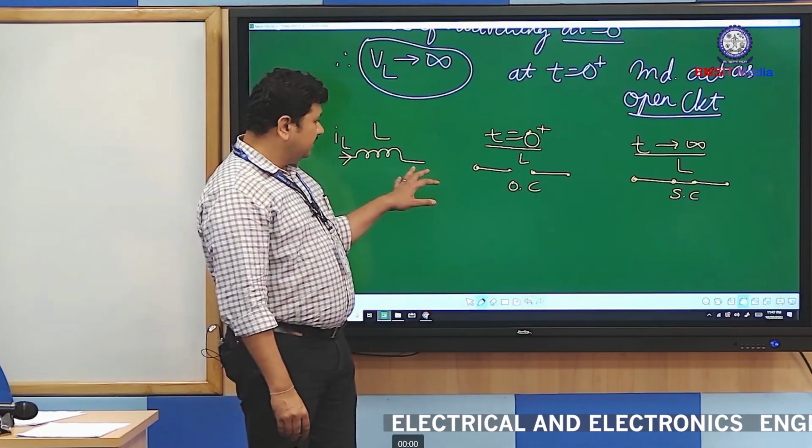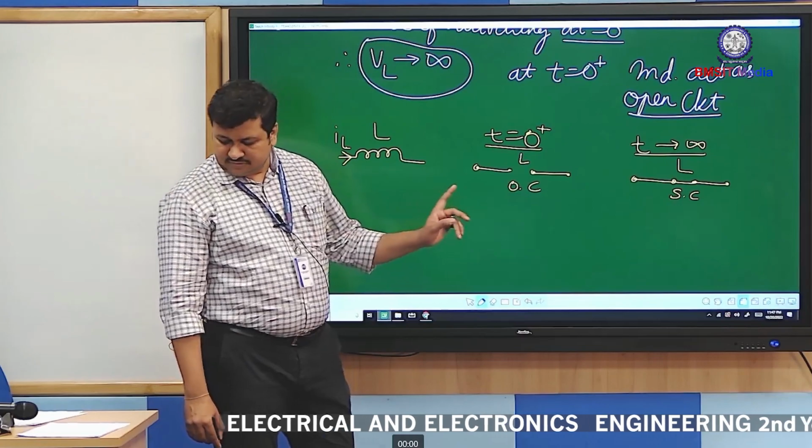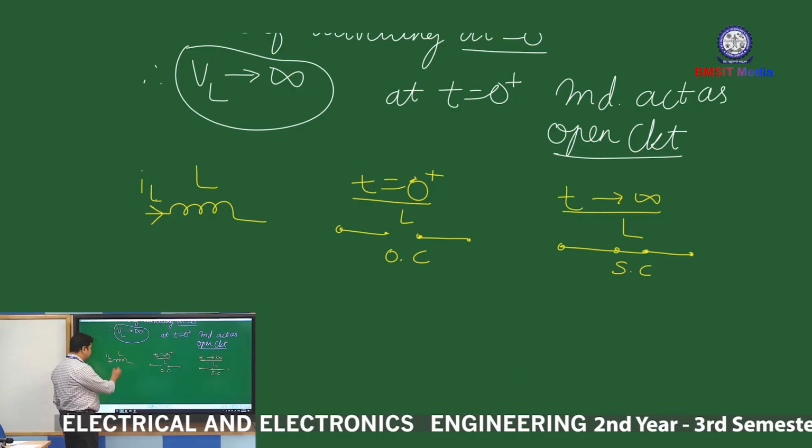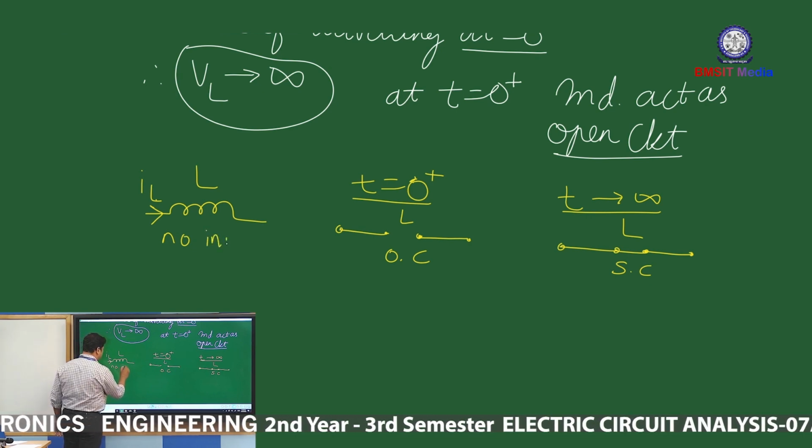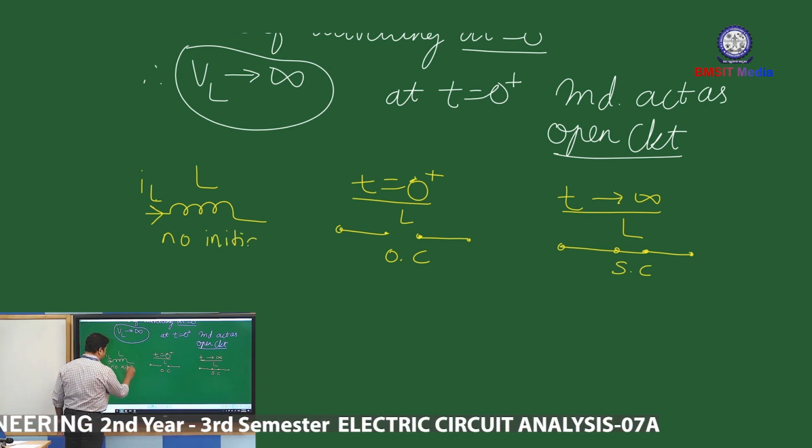So this is with initial condition 0, that is IL of 0 minus, so I can say no initial current.